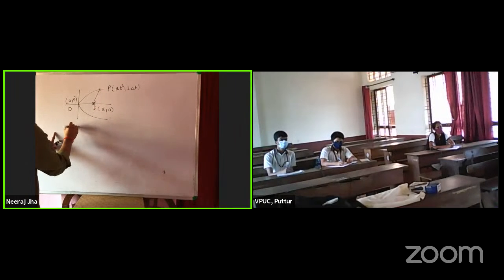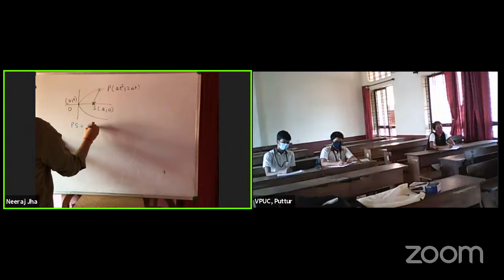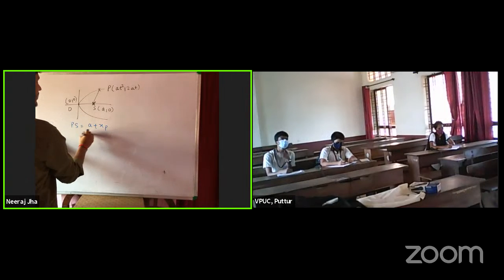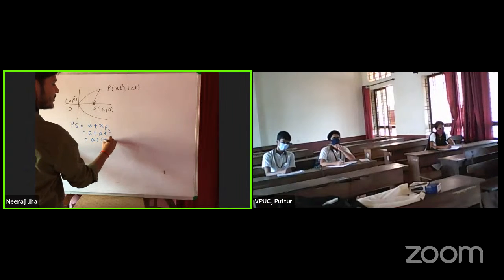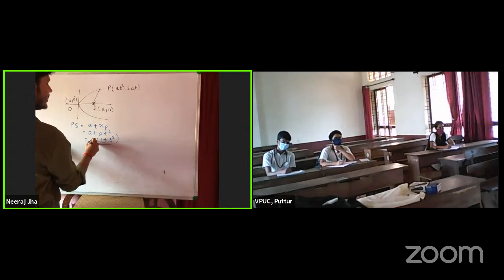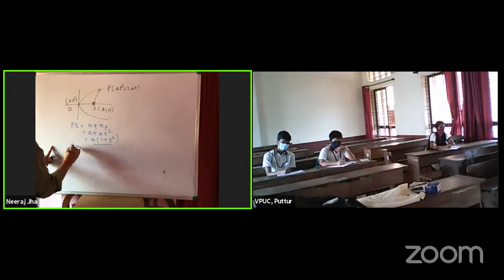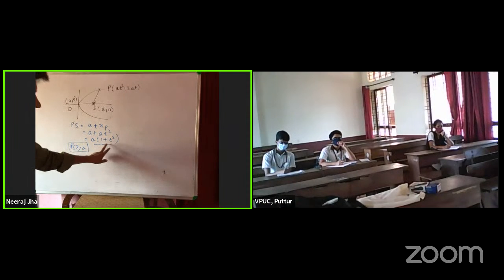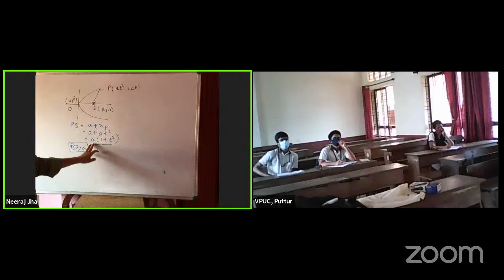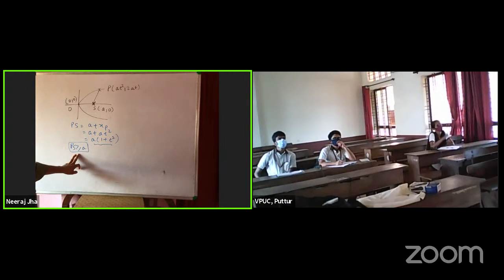So the focal distance PS is equal to a plus the x coordinate of point P, which is a plus at square. If you take a common, you'll get a(1 plus t square). From here also, I can easily see that PS is always greater than or equal to a. PS minimum is at the vertex, because t square will be positive, so 1 plus something positive will be greater than 1. Hence PS is always greater than or equal to a. All right, this is our focal distance.